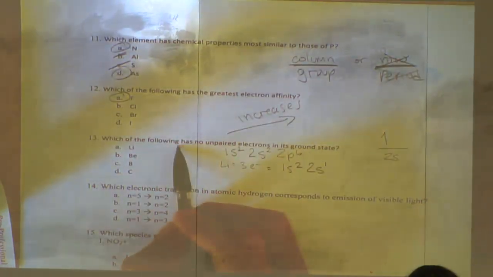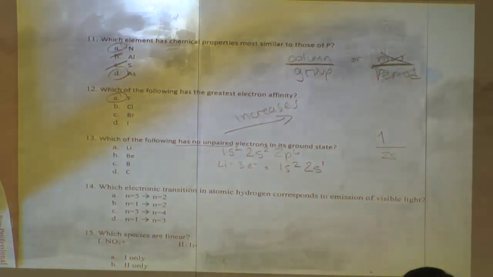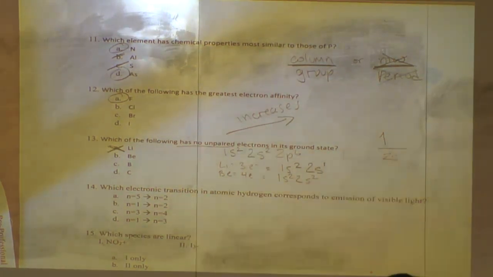So is that going to be our answer? Which of the following has no unpaired electrons? It would not be lithium, since lithium does have an unpaired electron. Moving on to beryllium, how many electrons does beryllium have? Awesome, 4 electrons. So that would be 1s2, 2s2.